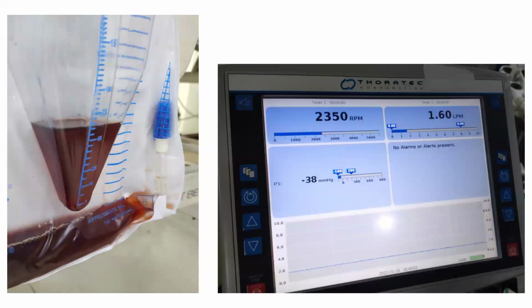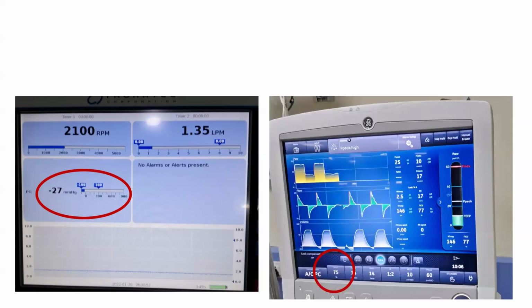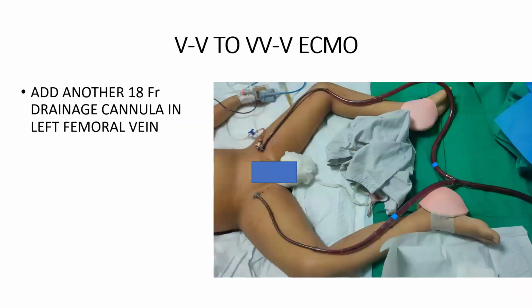It was minus 38, which is quite high for the pediatric population. So we reduced the flow and found that the pre-pump pressure came down, but the flow came down again. And when the flow comes down, the patient becomes hypoxic, and we have to go up on the FiO2. So that is not a solution. So we put in another drainage cannula in the other limb for adequate drainage.